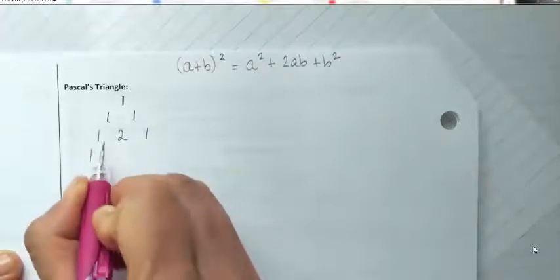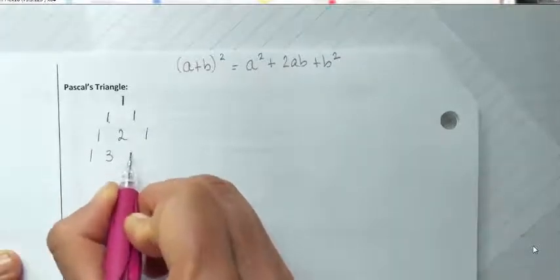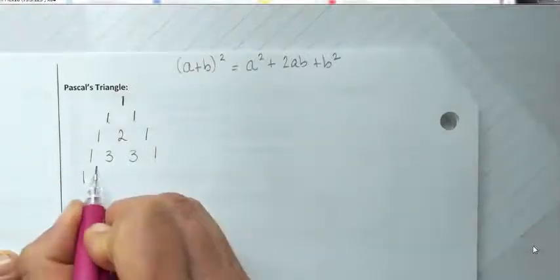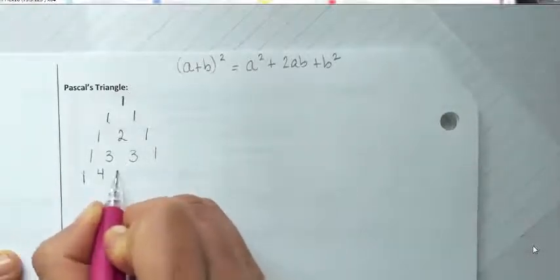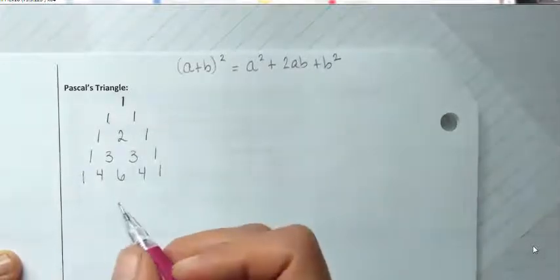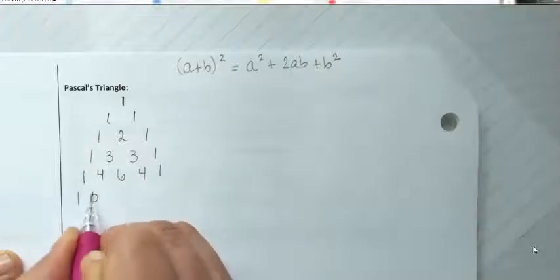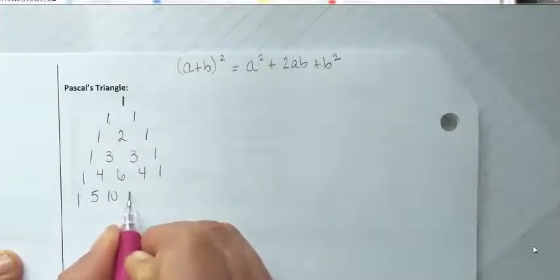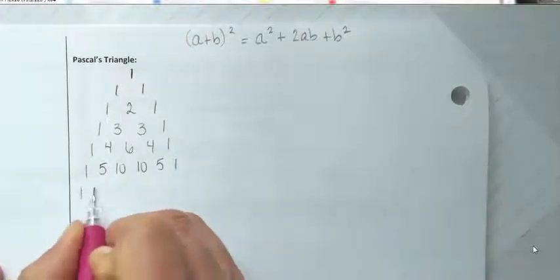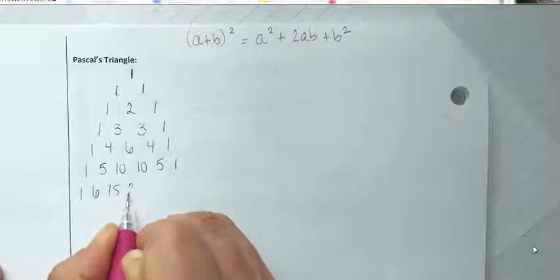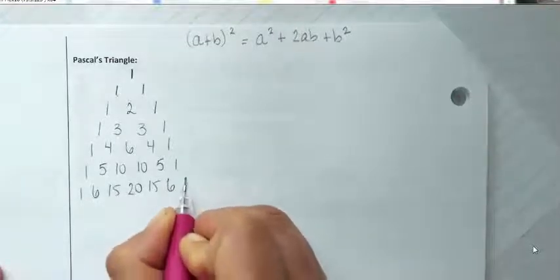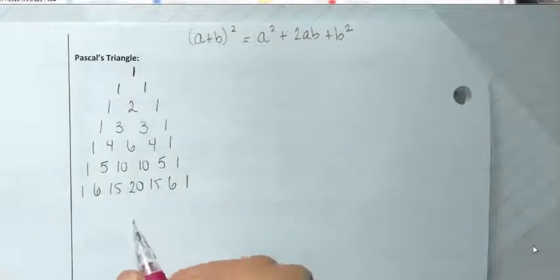So 1s on the outside, sum the two numbers, sum the two numbers, 1s on the outside. I'll do this a few more times because it's fun. You could do this all day long if you wanted to. Let's do one more.